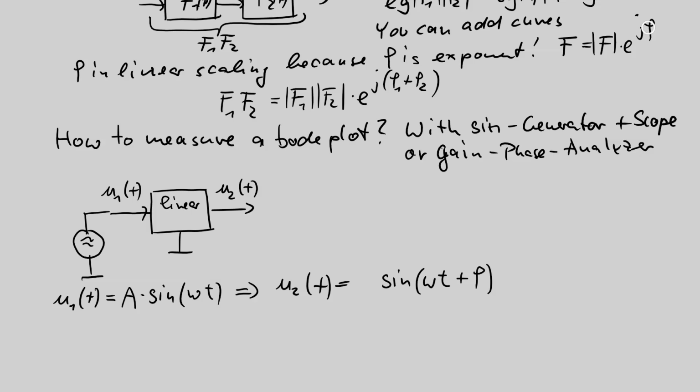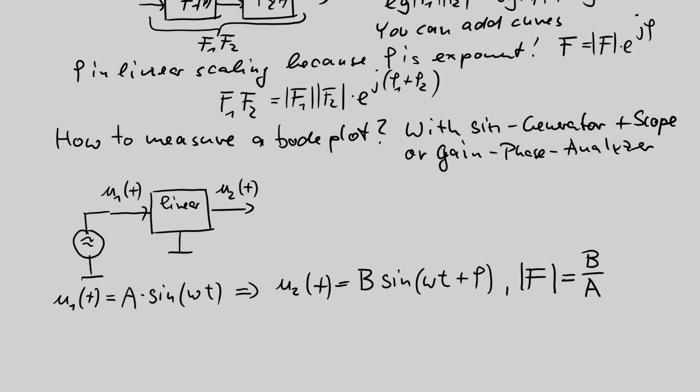This is exactly my phi of the frequency response. And the output amplitude also depends on my filter function and is different, but the signal form is the same, the frequency is the same, and there's a phase shift. The connection to our system transfer function is very simple. The magnitude is nothing else than the ratio of the output amplitude divided by the input amplitude.